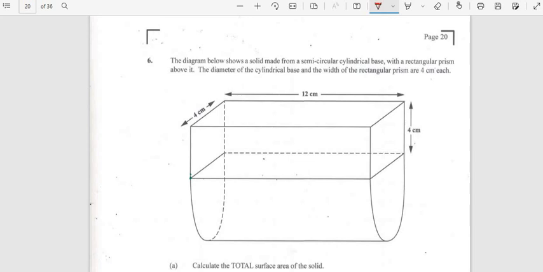Okay, now when we look at the shape that we're given here, or should I say the solid that we're given, notice that this side here, let's pay attention to it, is uniform all the way through until we meet the end down here.